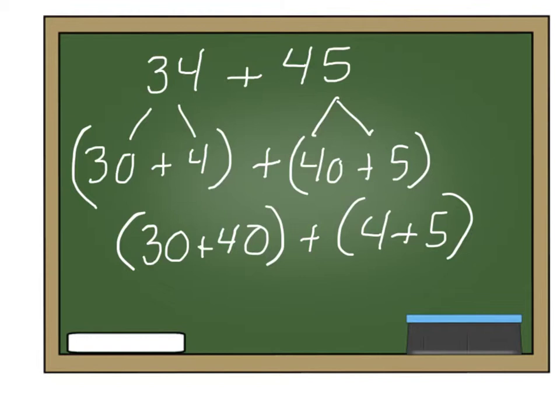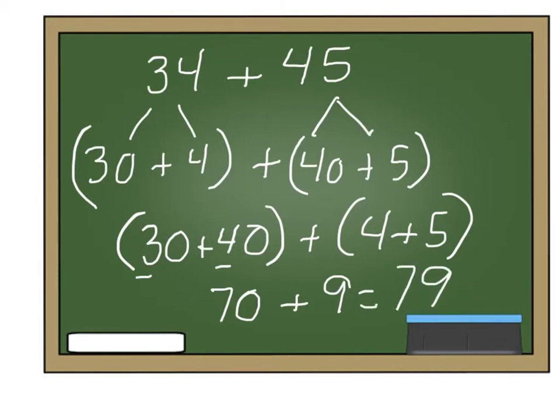Now, using the mental math that I know, 30 plus 40 is 70, because 3 plus 4 is 7. And then I can add my 4 plus my 5, and we know that is 9, giving us 79.